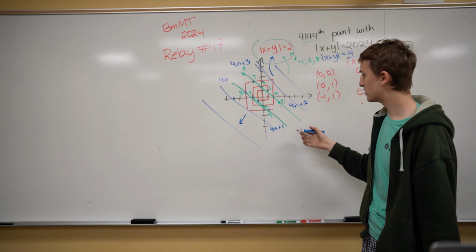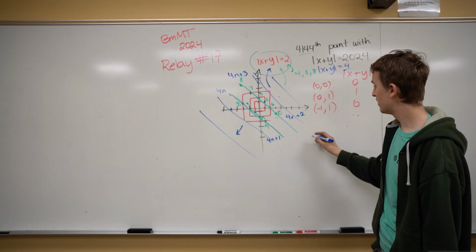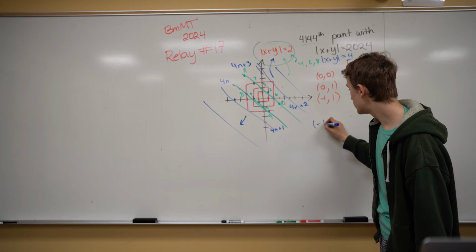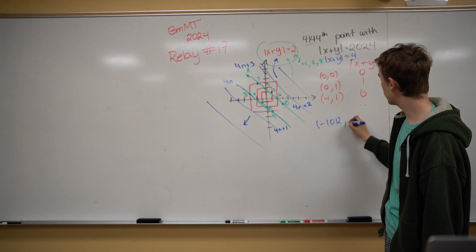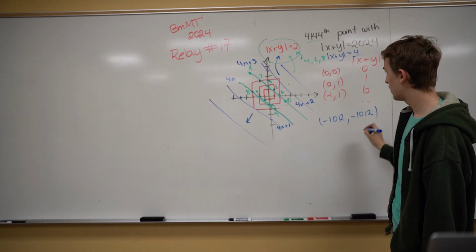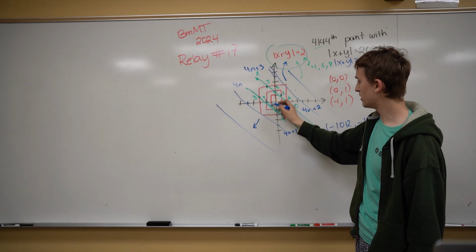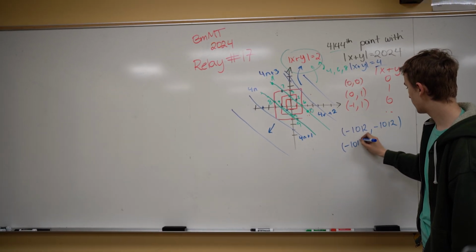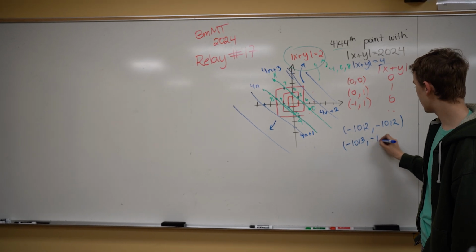So that means that we can intuit that the first intersection will be at negative 1012, 1012. And based on the same argument here, the fourth intersection will be at negative 1013, 1011.